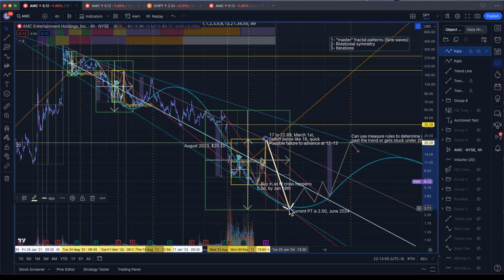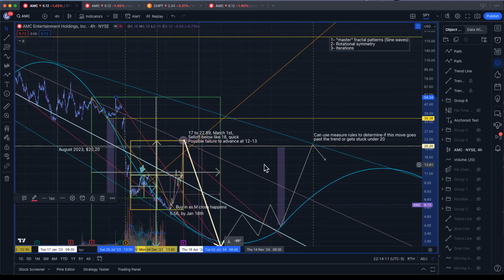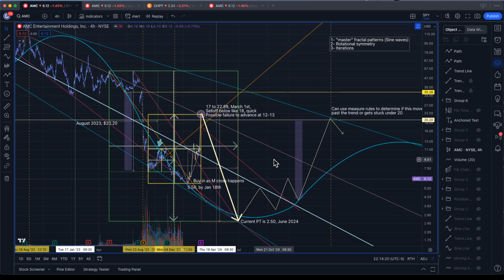And that 250 price target, as best as I can see it, if it's going to look like the previous 2 versions of this, would go all the way down in June. And at that point, interestingly, you can see that we would have jumped this last downward creek and then come back down to test it.